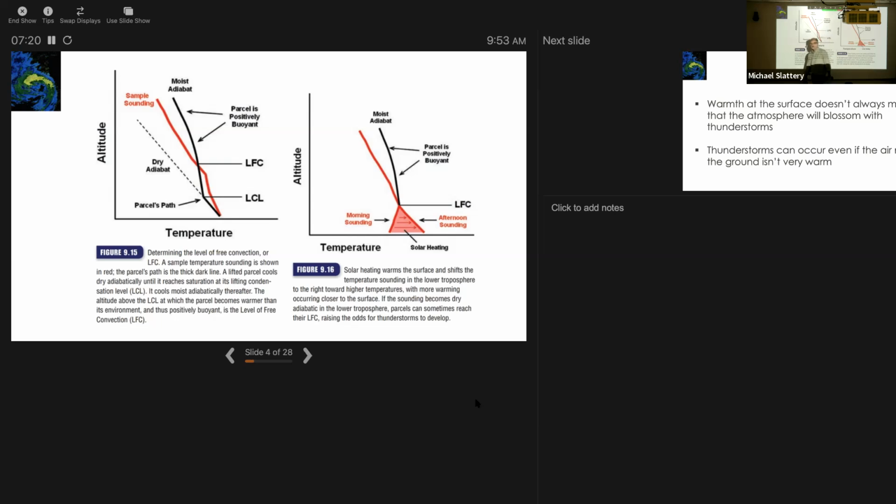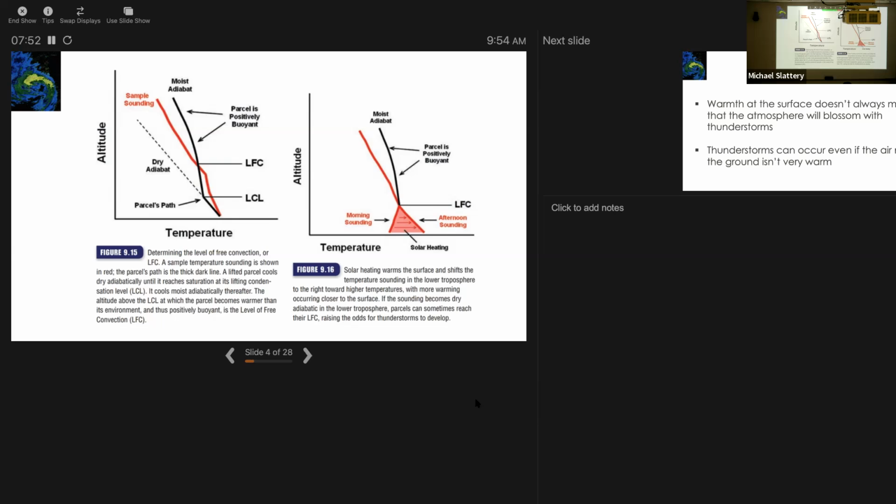That's the easiest way to get air parcels to their LFC, right? It's just intense summertime heating. It destabilizes the atmosphere. You may hear that on TV or forecasting: afternoon heating will destabilize the atmosphere. How does it do that? Because it changes the dynamic between the temperature sounding and the dry adiabatic lapse rate, right? So just bear that in mind. That's one of the triggers we will talk about.